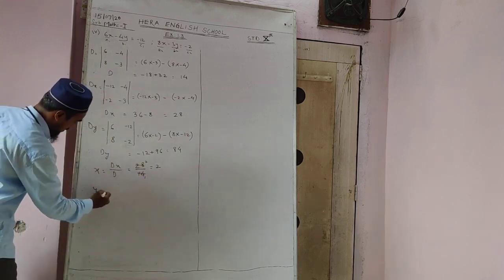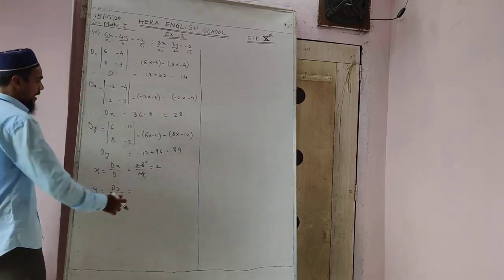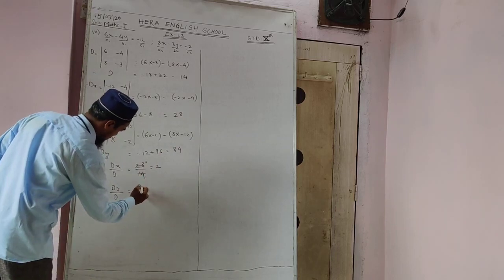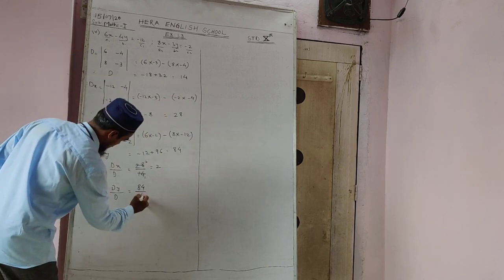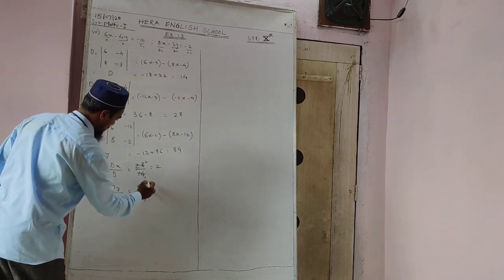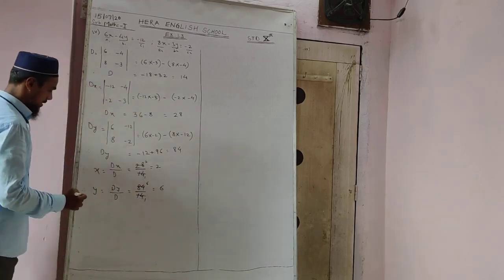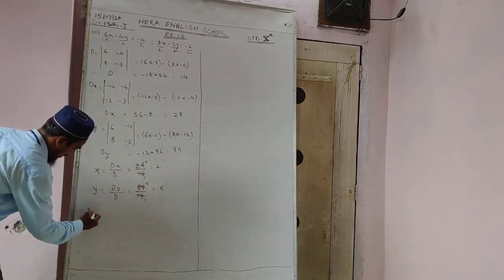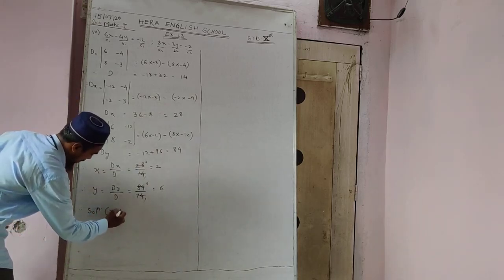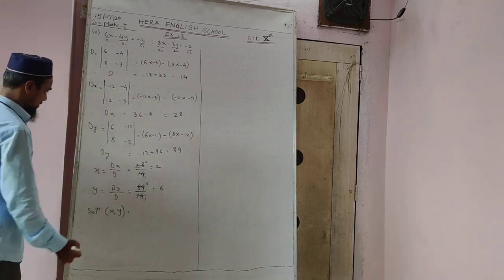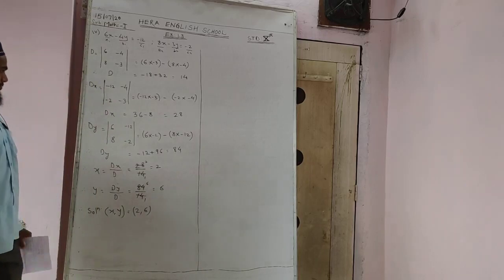Now y equals Dy upon D. Dy is 84 upon D which is 14. 14 times 6 is 84. Y we got is 6. We write the solution at the end of the answer: x comma y. We got x as 2 and y as 6, which is the solution.